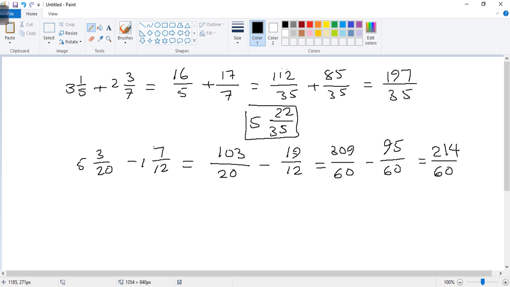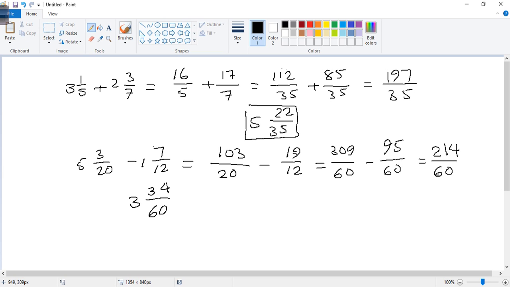How many 60 in 214? You can say 3, and the remainder is 34, so 3 and 34 over 60.